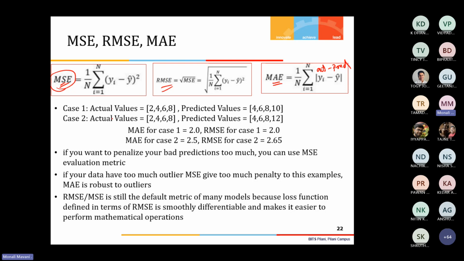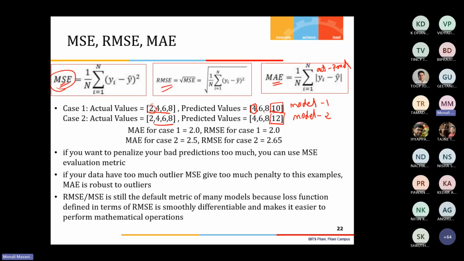Say this is just a very simple example. These are the actual data points. Model 1 has predicted 4, 6, 8, 10, and model 2 has predicted 4, 6, 8, 10, 12.